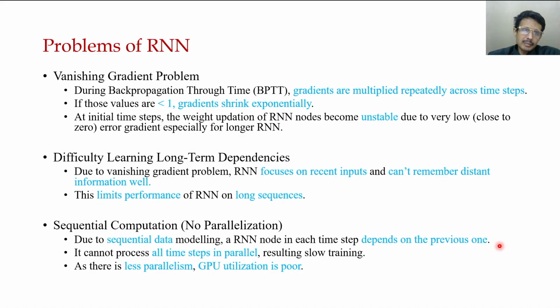So there are some problems in a recurrent neural network, or we should say a simple recurrent neural network. The first problem, which we have just introduced, is the vanishing gradient problem. Backpropagation through time has been used to train RNN.